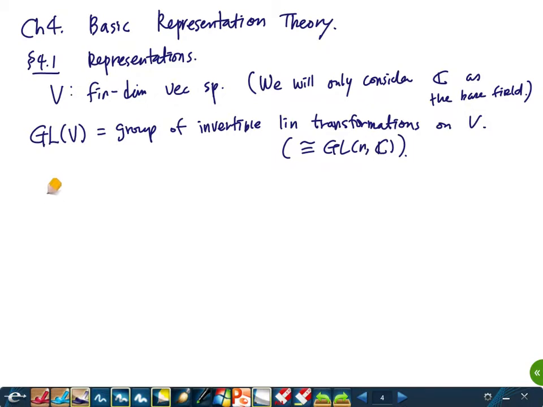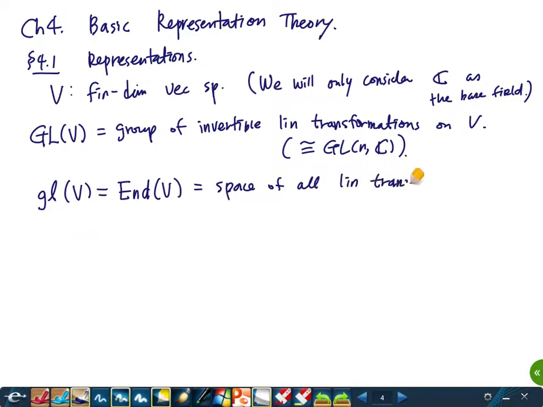And we also have this lowercase gl(V). This is really the same as what is sometimes written End(V), the set of all endomorphisms. So it's the space of all linear transformations on V, not necessarily invertible. So this as a set contains the group GL(V).